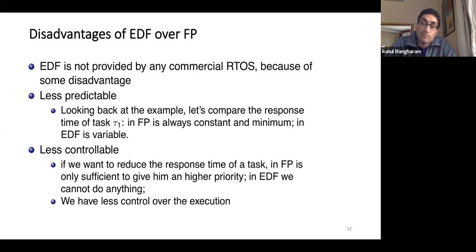So now you might say, okay, but if you look in the world, EDF is almost never used in the real world. Rate monotonic scheduling is used in the real world, but EDF is not, because it has two basic negatives. One negative is that you have to compute this online, and there's a lot of overhead in computing whose deadline is next, right?